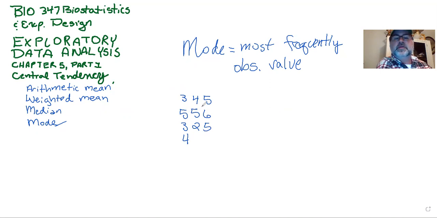You would say the mode, right, is 5 because there are 4 of those. There's 2 6s, 2 4s, and only 1 2. Right. Now let's say that these numbers actually come from a continuous distribution. So let's say this is kidney mass in transplants for whatever reason, right? And these are in kilograms.